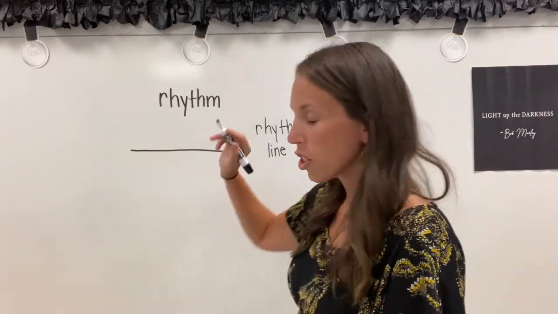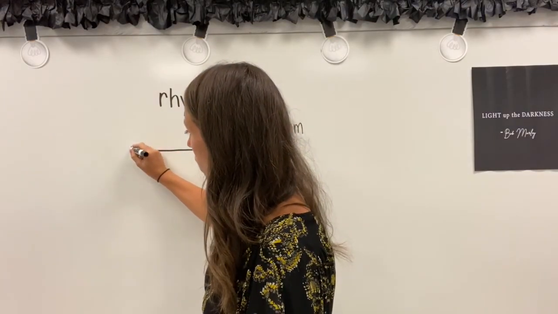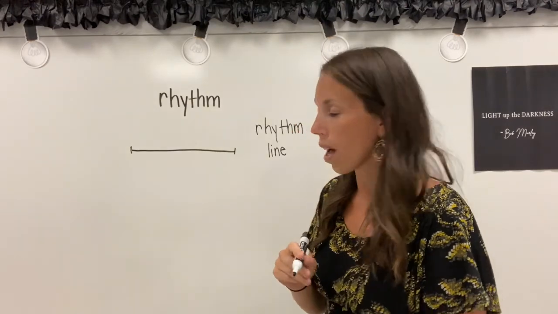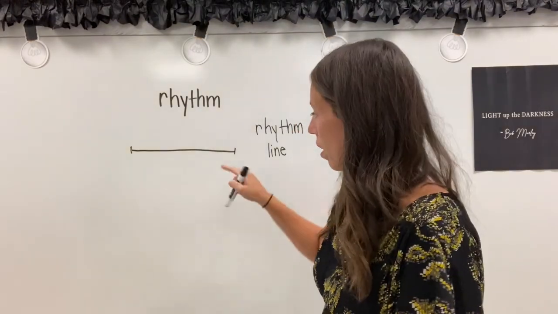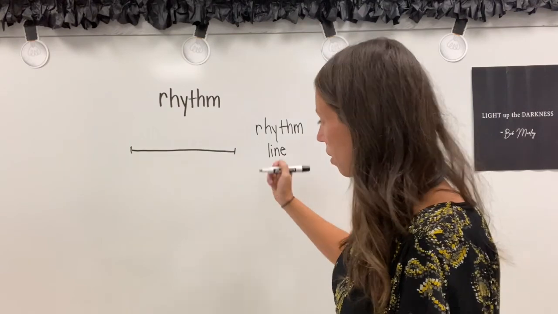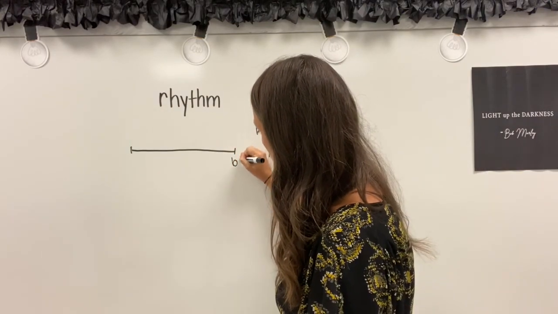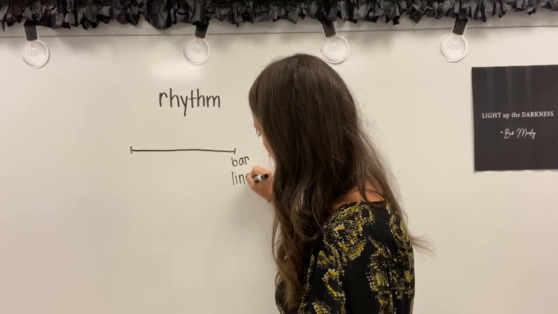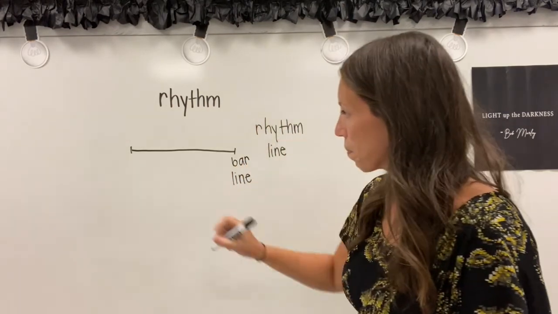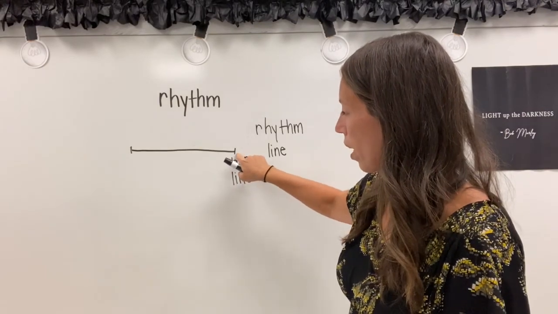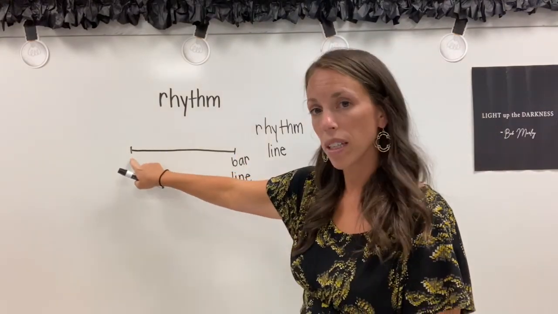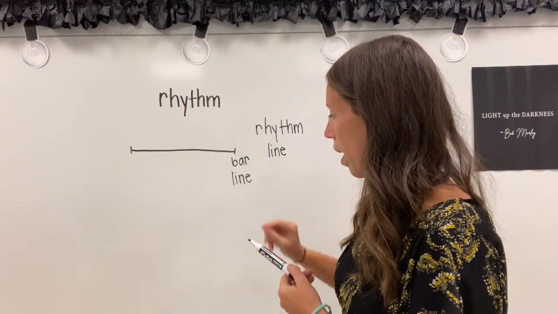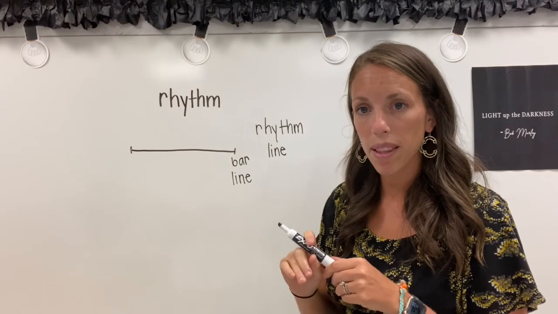Now, we're going to add these two small little lines to each side of the rhythm line. These little lines here are called bar lines. So here's one bar line, and here is another bar line. Go ahead and draw them in and label them.